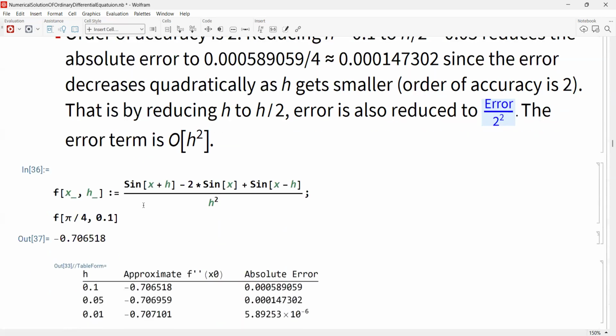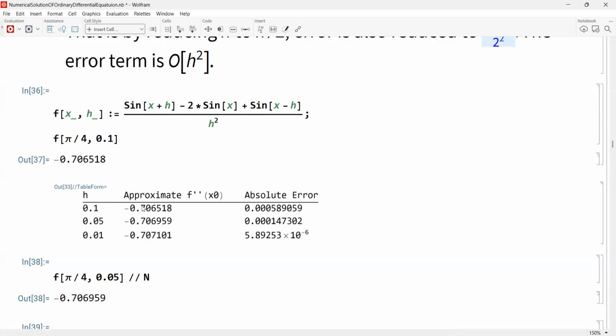So for example, here h equal to 0.1. The second derivative of y with respect to x at x equal to pi over 4 is negative 0.706531. All right.